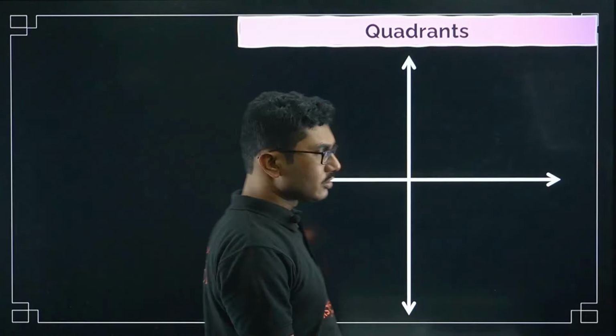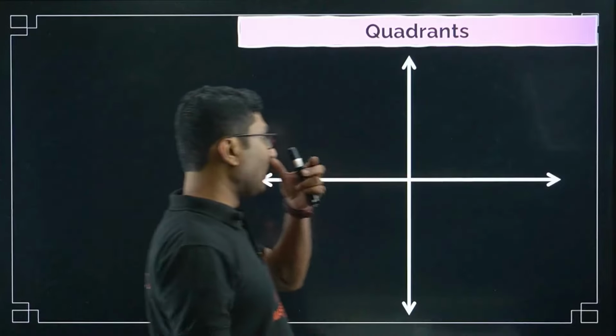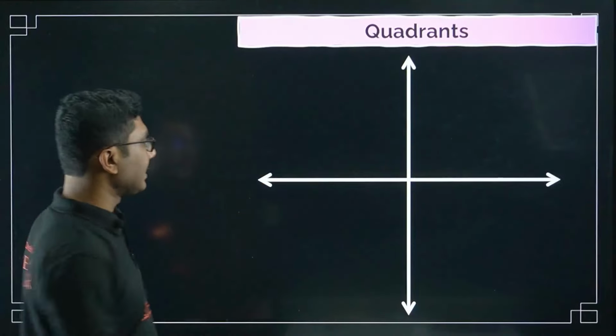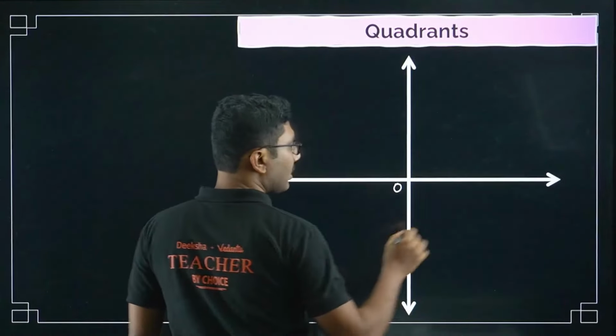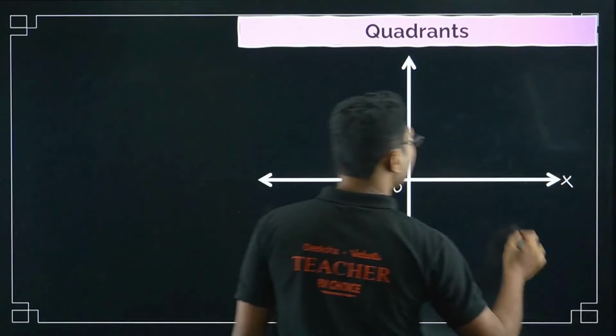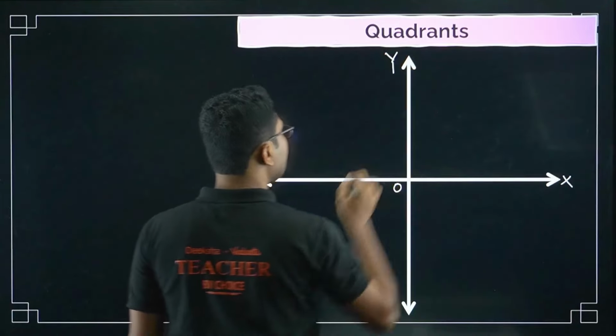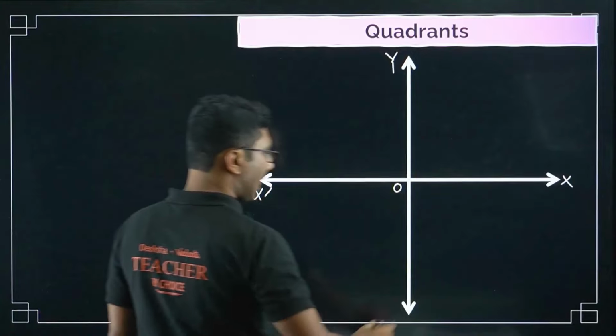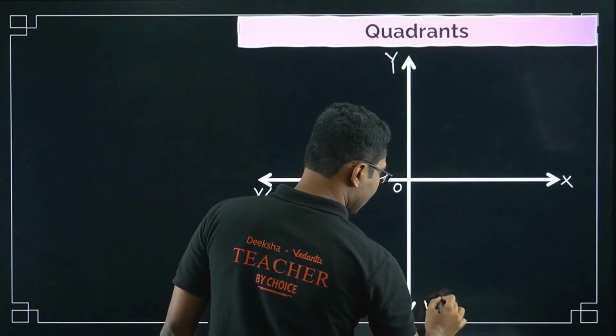Okay, so this is also something you already know. This is the origin, this is our positive x-axis, this is our positive y-axis, this is our negative x-axis, and this is our negative y-axis, right?